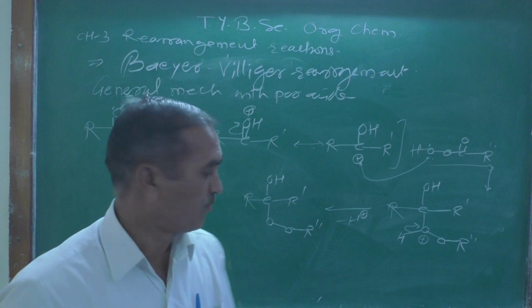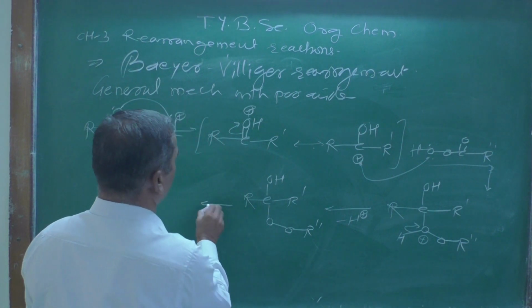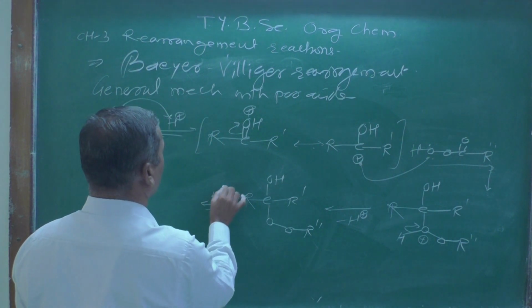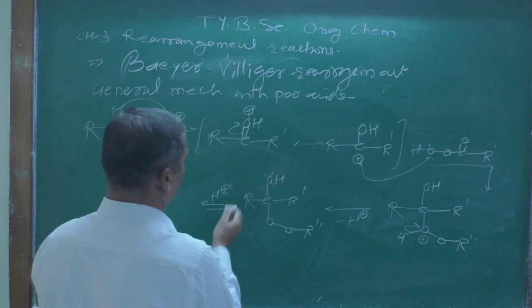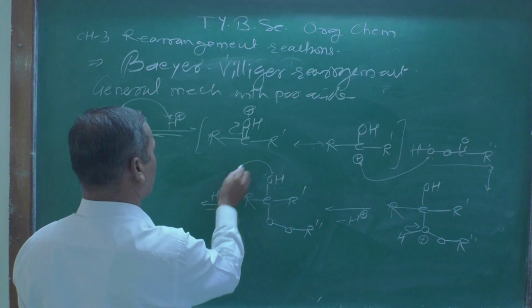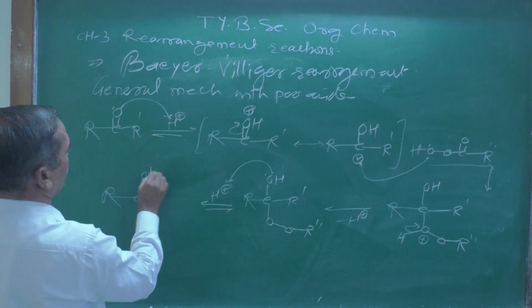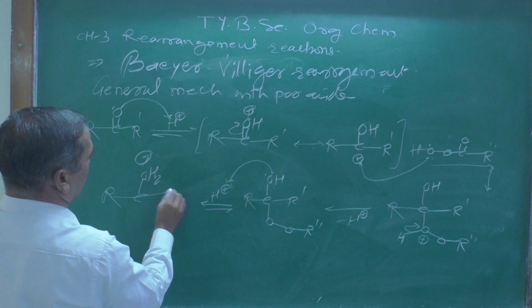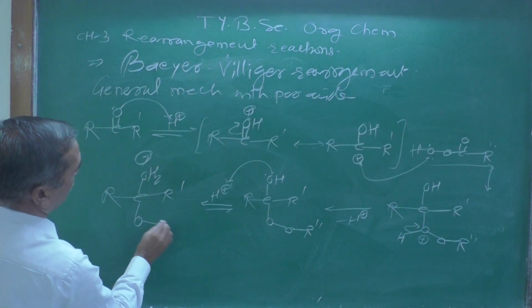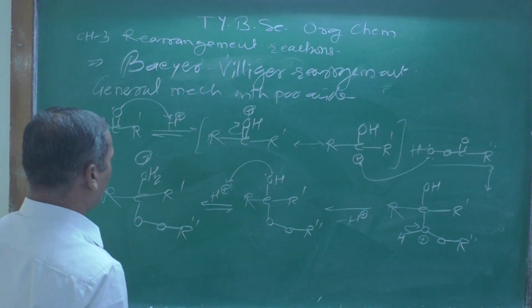And now again in the next step, what is going to happen? Again there is an acid. This hydroxy group gets protonated like this. So you may get here R OH2 positive charge, R dash, then O and R double dash.